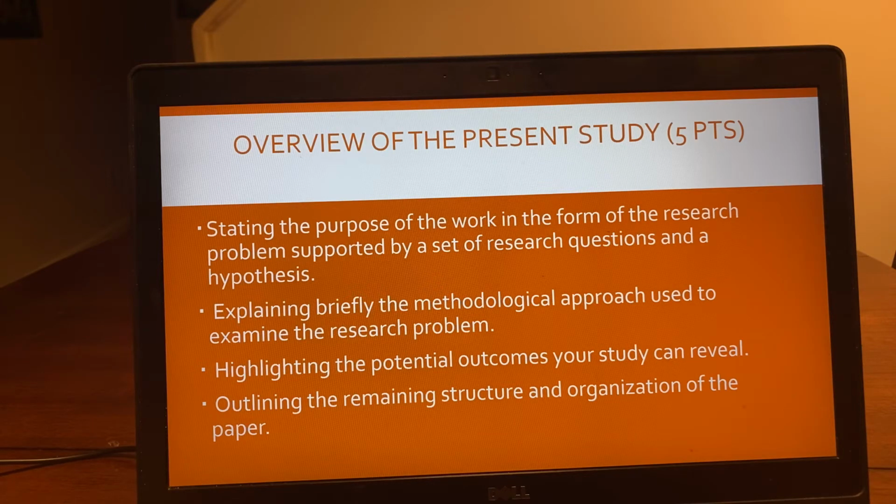So you state the purpose of your research, and then say how you are going to conduct your research. Then give the highlight of what you want to do, and importantly, you need to have the hypothesis or research question.